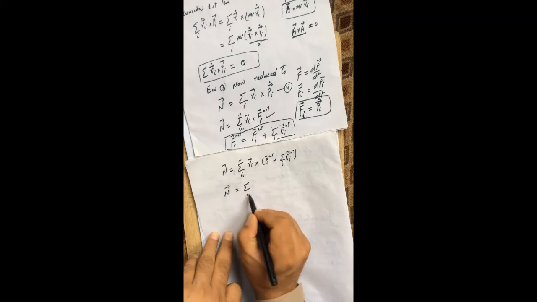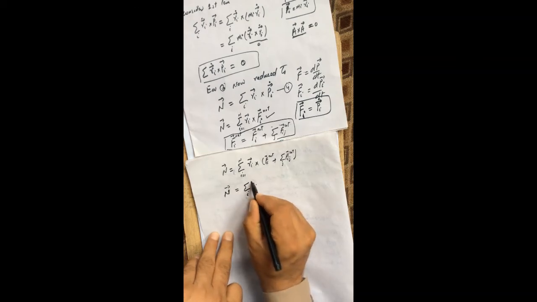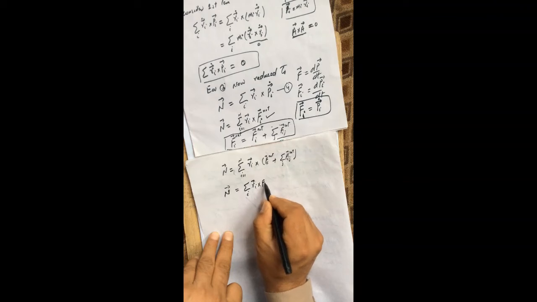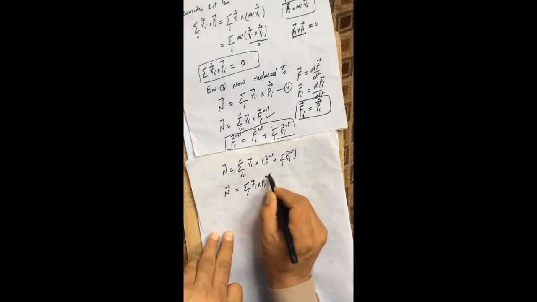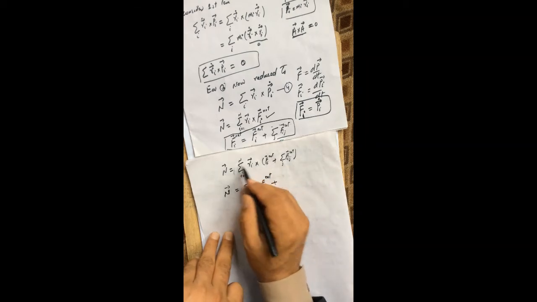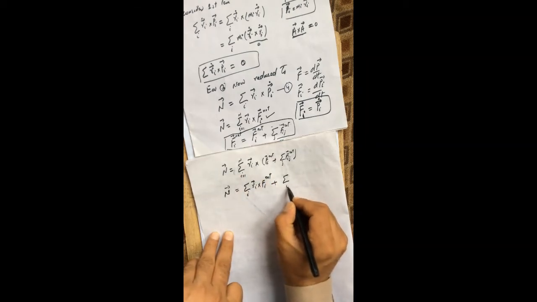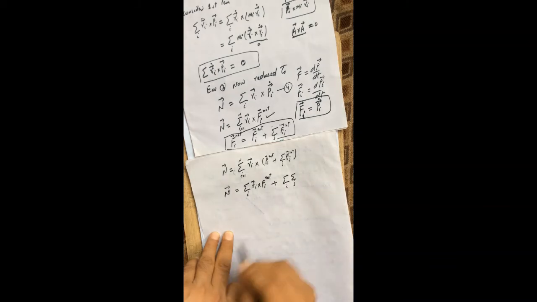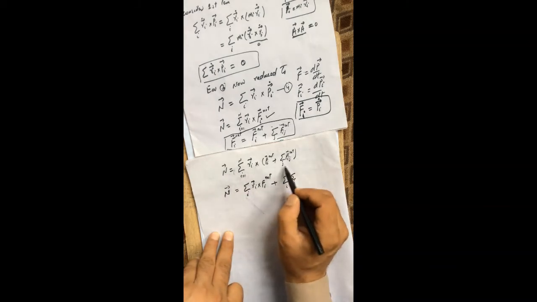So I have sum over i, here I have r_i cross F_i external plus, we have a plus sign, then I will apply this to this one, sum over i, sum over j, because sum over i is this one, sum over j is this one.